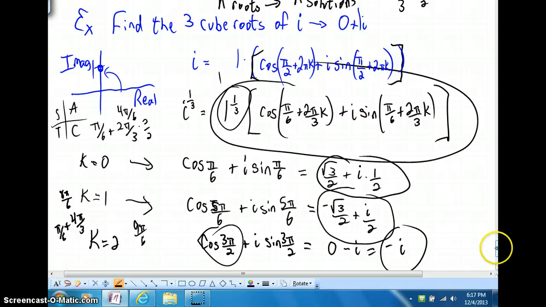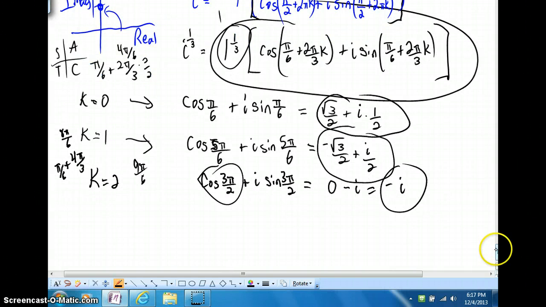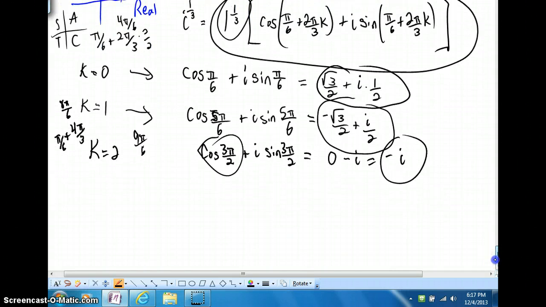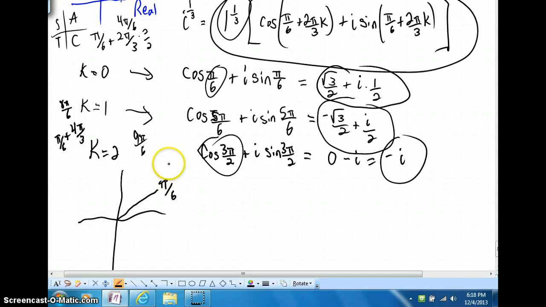Now, we could definitely check this with a calculator. Of course, our upcoming contest will not have a calculator allowed. But I do want to point something out. There's a wonderful fact that if you were to look at the first angle being pi over 6, and if you want to think about that as 30 degrees, you certainly could.